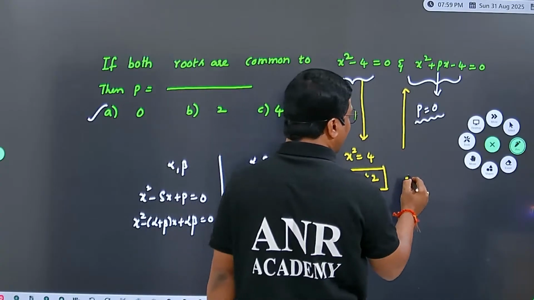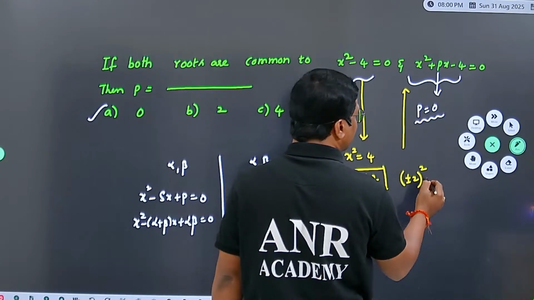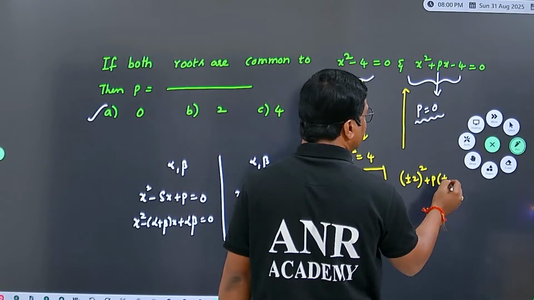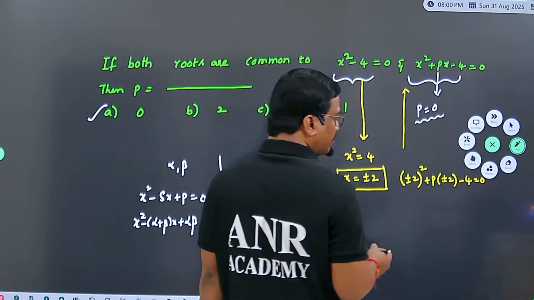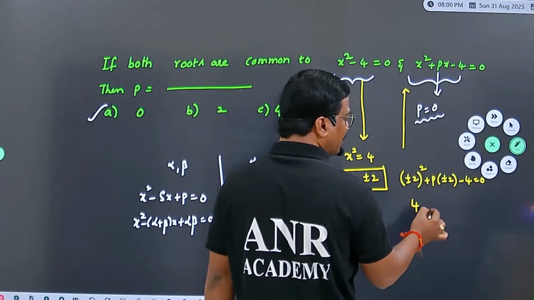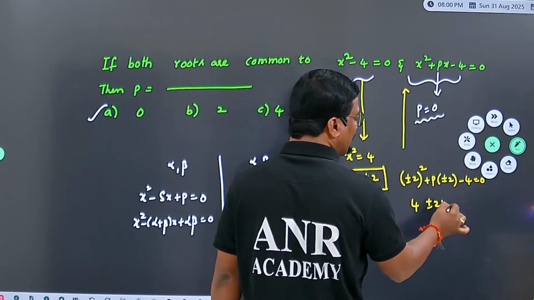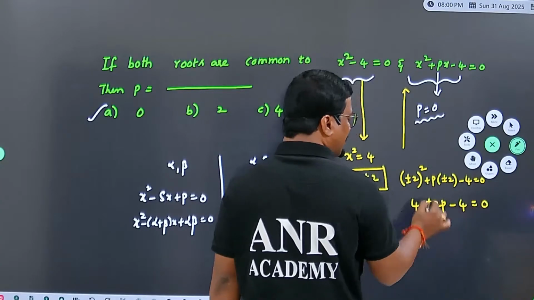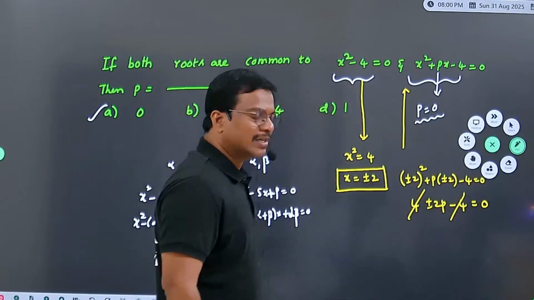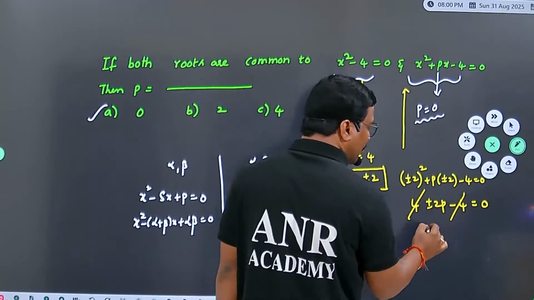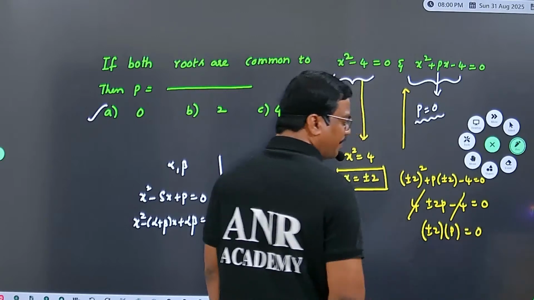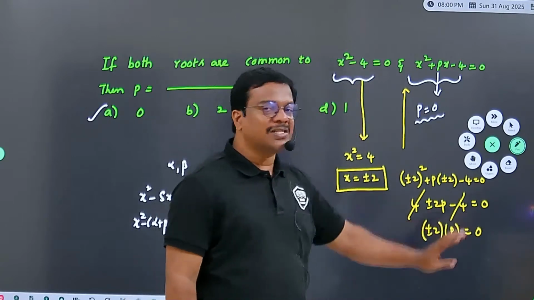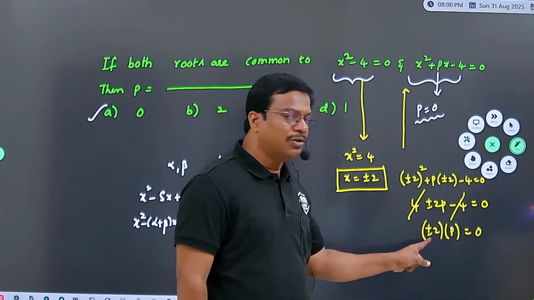Therefore, I can write plus or minus 2 whole square plus p into plus or minus 2 minus 4 equal to 0. Here it is plus 4. Next plus or minus 2p minus 4 equal to 0. Plus 4 minus 4 gets cancelled. Plus or minus 2p, that is plus or minus 2 into p, equal to 0. A into b equal to 0 implies either a is 0 or b is 0.